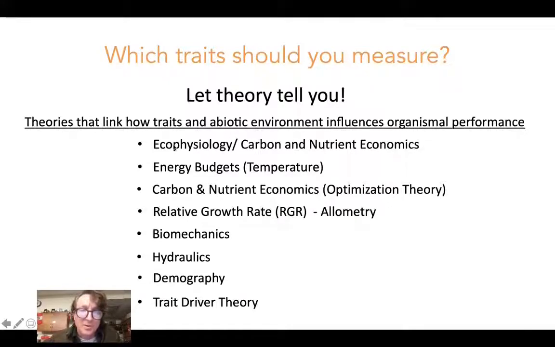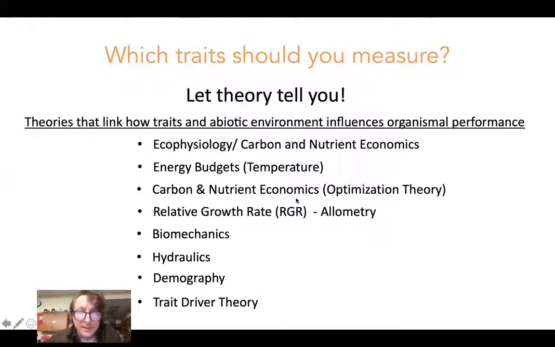And so if you have more of a background in ecophysiology, in carbon and nutrient economics, that line of thinking tells you what specific traits are very important for, say, the water potential of a plant, or the carbon balance or nutrient budget of a plant. Energy budgets, in particular temperature, is pretty critical. In Sean Michelitz's group, he's going to talk quite a bit about energy budgets in terms of how that relates to the traits you're going to be measuring in the field.